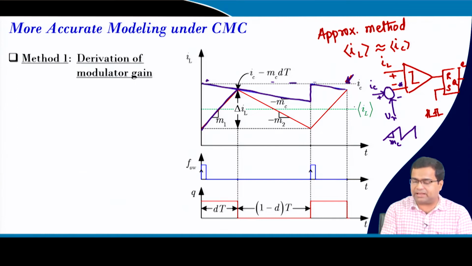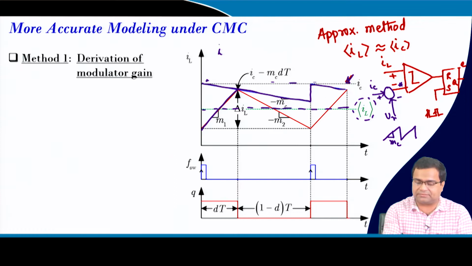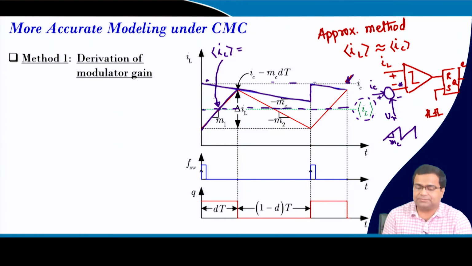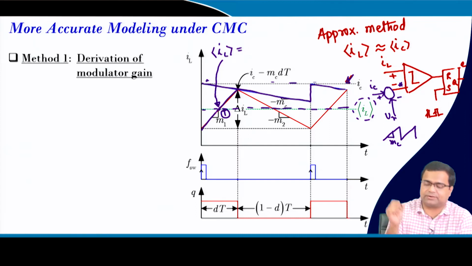Now, we want to obtain the average value of this inductor current. This is my average value of the inductor current, and one approximation is that we can simply take this average itself, that means this point. Let us take this point as 1.